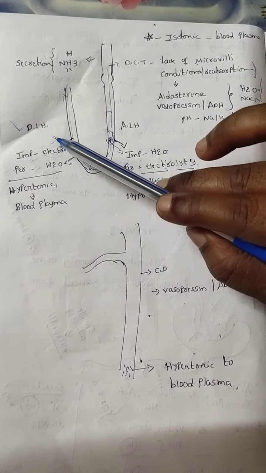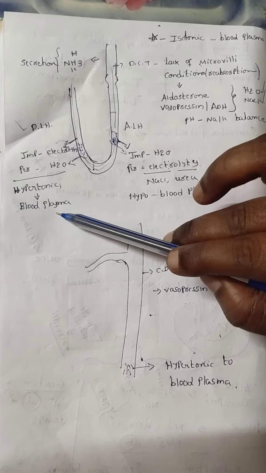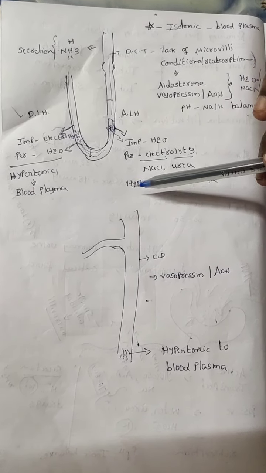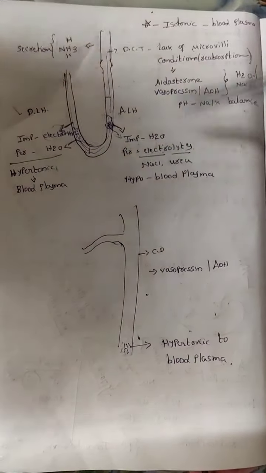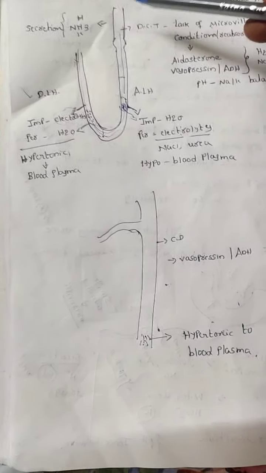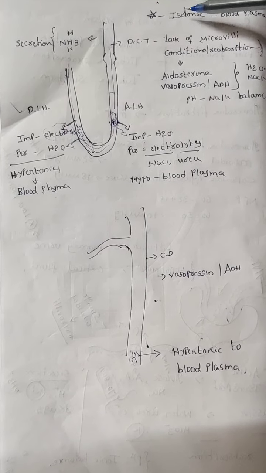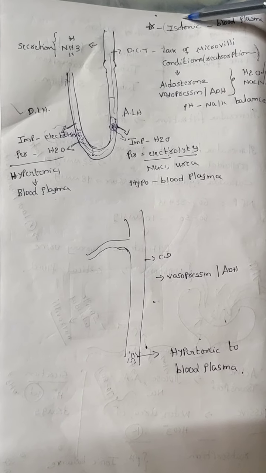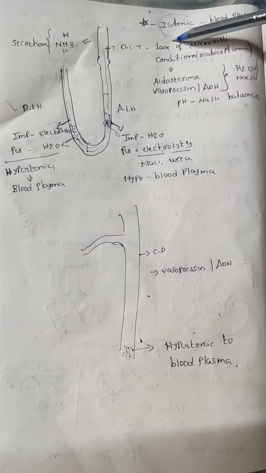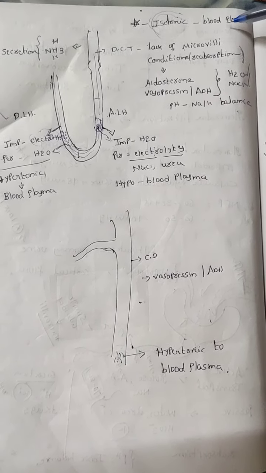And a very important point, what I said: the descending loop of Henle is hypertonic to blood plasma, the ascending loop of Henle is hypotonic to blood plasma, but PCT and DCT are isotonic to blood plasma. Very important.